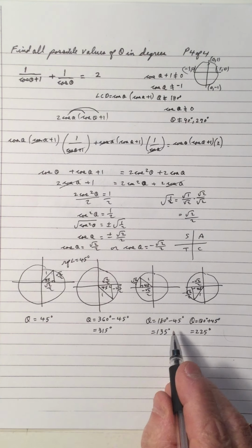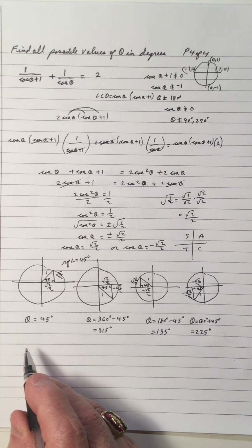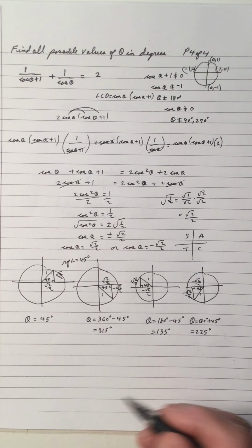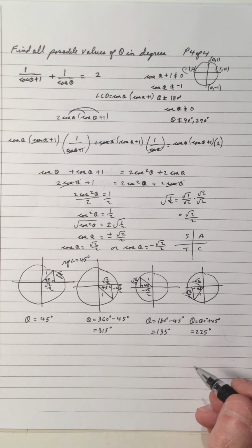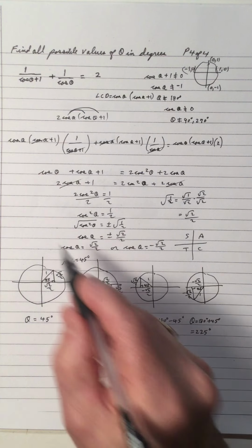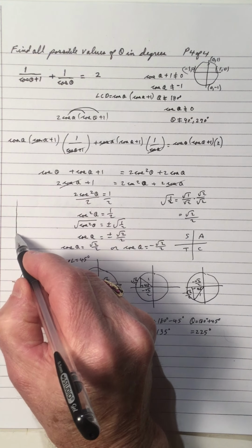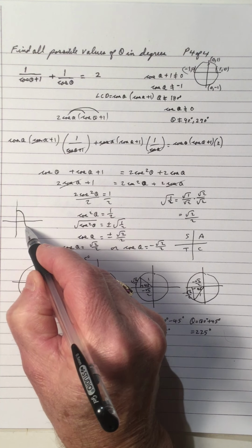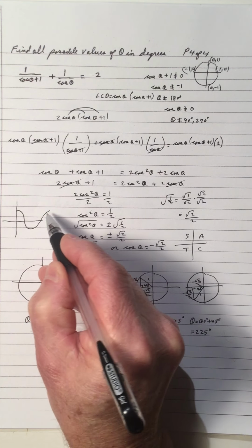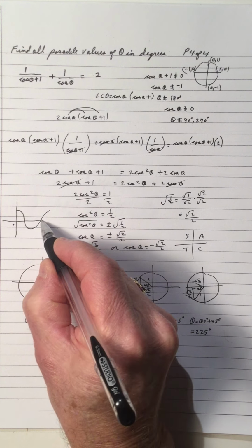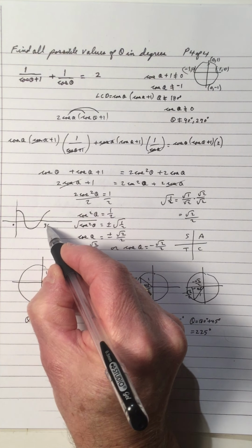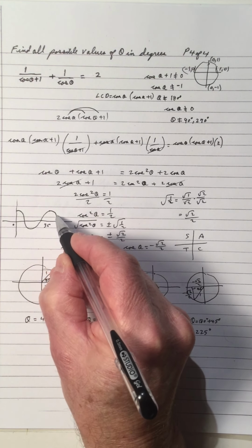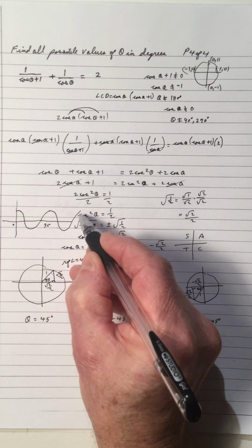These are only the solutions in one rotation, but remember, the sine graph or the cos graph is periodic. Allow me to explain right here: the cos graph goes like that between 0 and 360. And then it goes again between 0 and 360.